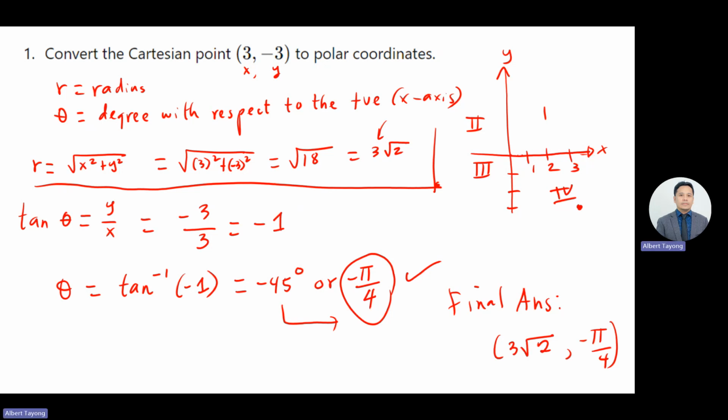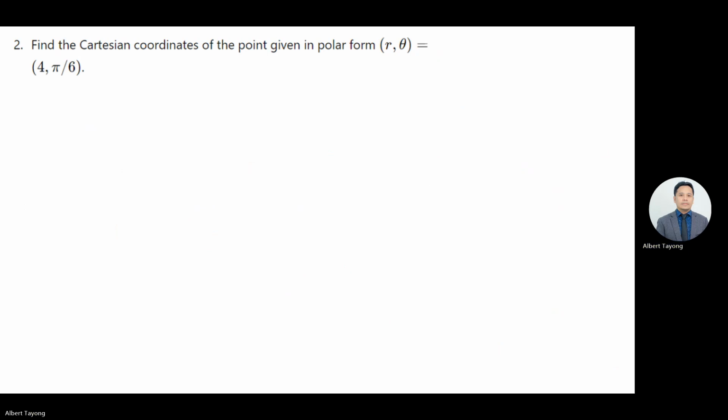Right, so let's proceed to number 2. Here you are asked to find the Cartesian coordinates of the point given in polar form. So this is basically the opposite. Here we are given the polar form.